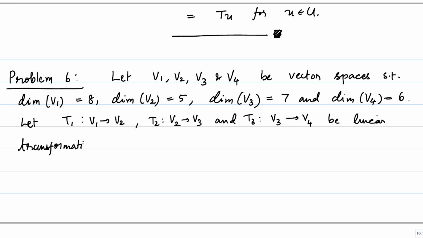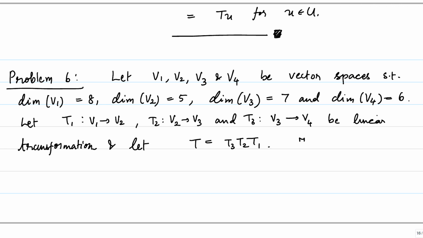And let's call the composition T. So let me be careful with the order: T1, T2, T3. Right, so T be the composition of the linear transformations T3, T2, T1. We have seen that the composition of linear transformations is again a linear transformation. So in particular, T is a linear transformation.